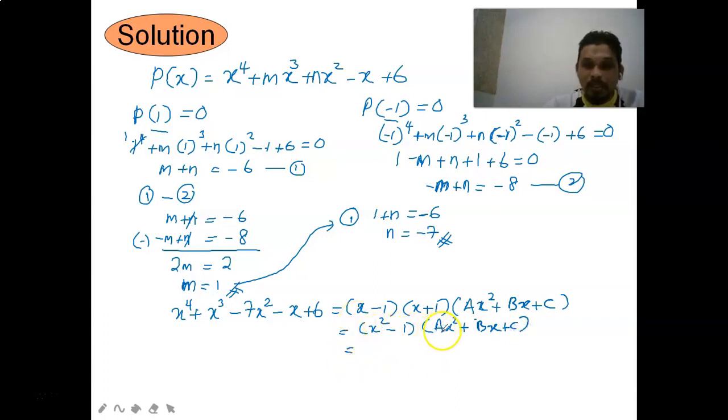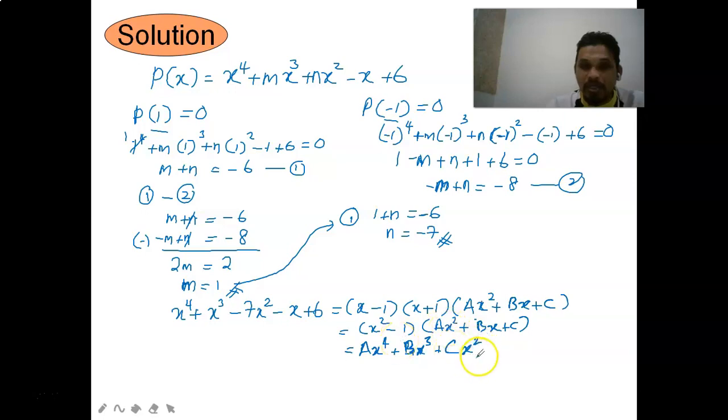Then ax squared times x squared is ax to the power of 4, then bx times x squared is bx cubed, and c times x squared is cx squared.